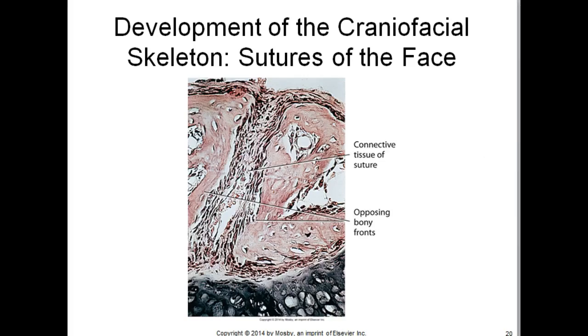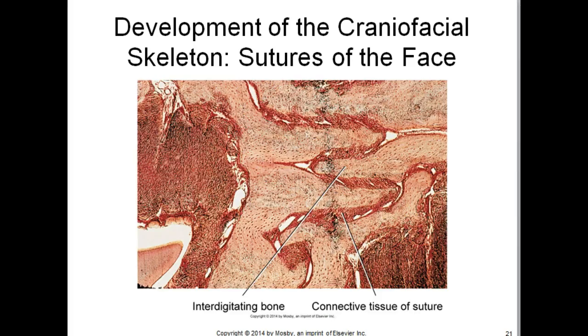This image shows the histology of a simple suture. Connective tissue and blood vessels are between the opposing bony fronts. Osteoblasts appear along the bony fronts and form bone to provide growth of this suture. Histologically, the connective tissue of the suture and the interdigitation of bone from either side can be visualized.